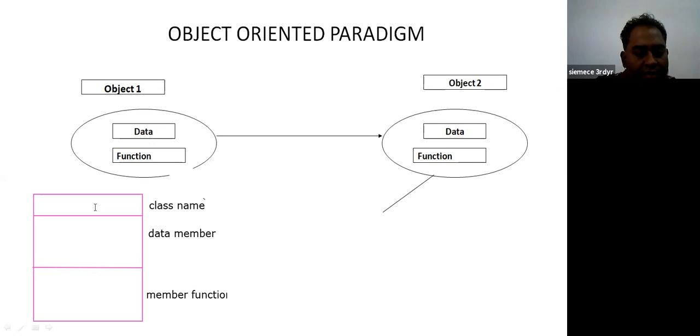This is a diagram of a class. The first part will be the class name. The second part will be the data member. And the last one will be the member function.